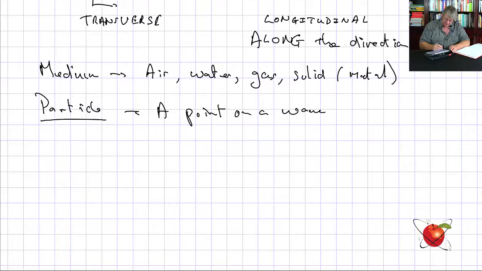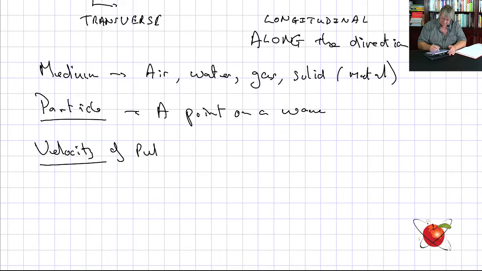Let's look at the word velocity, okay? The velocity of a pulse. All right. What is the velocity of a pulse? It's how fast I pushed it, pulled it, or moved it up and down, isn't it? Right.